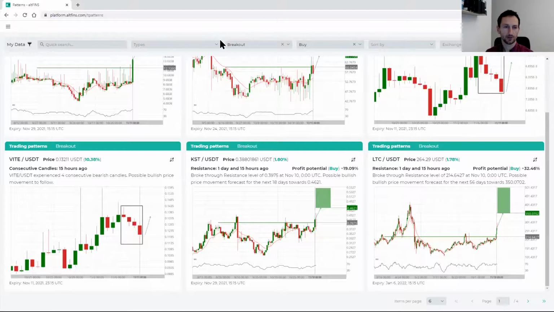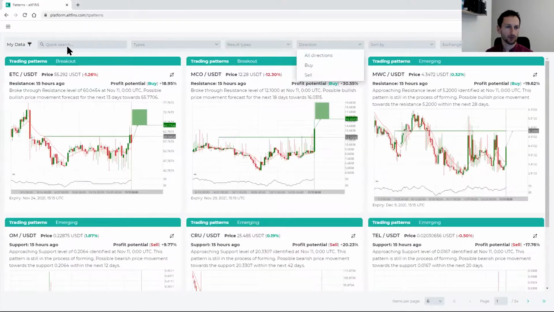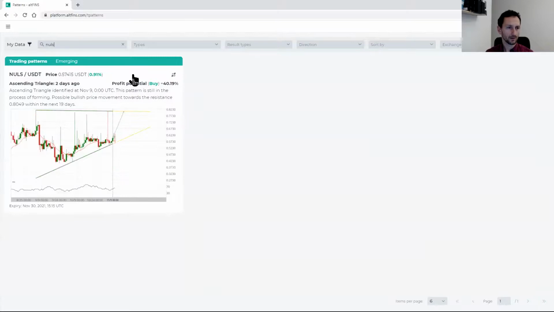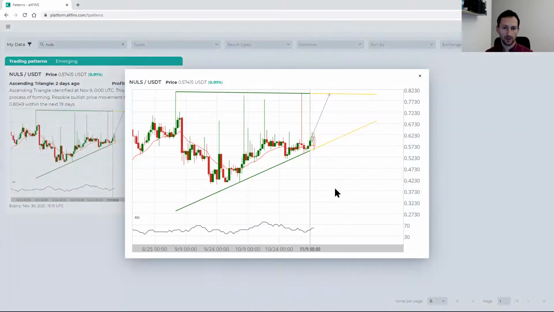Someone mentioned nulls. Okay, let's take a look. Feel like we already saw it today, didn't we? Oh, right. Indeed. I do like this emerging one because it's kind of bounced back to the support level.